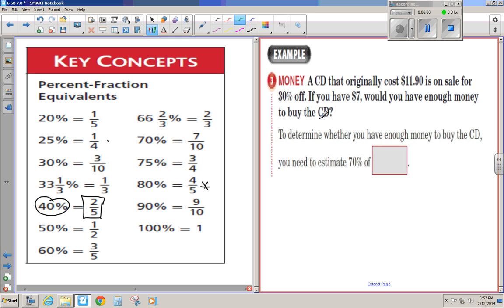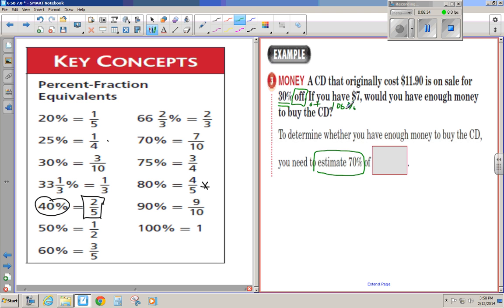A CD that originally cost $11.90 is on sale for 30% off. If you have $7, would you have enough money to buy the CD? All right. So to determine whether you have enough money to buy the CD, you need to estimate 70%. Now I know it says 30% right here, but that's 30% off of 100%.